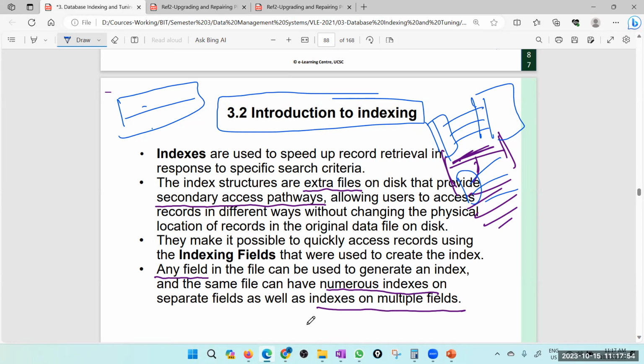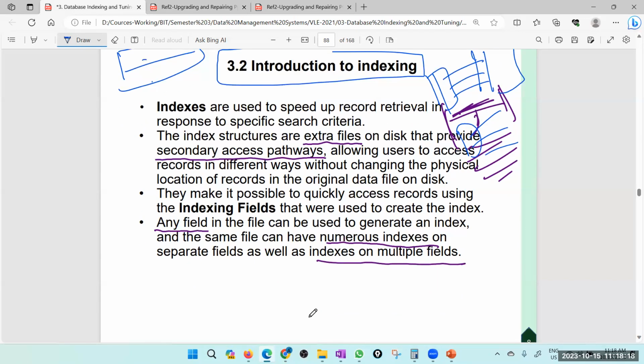Especially when you insert and delete, you have to update the index. If you update the index field, you have to update the index file as well. But if you update something else, you don't have to update the index file.